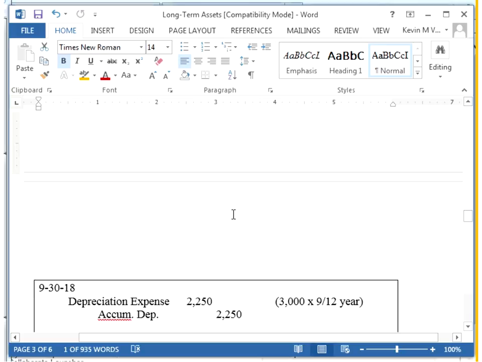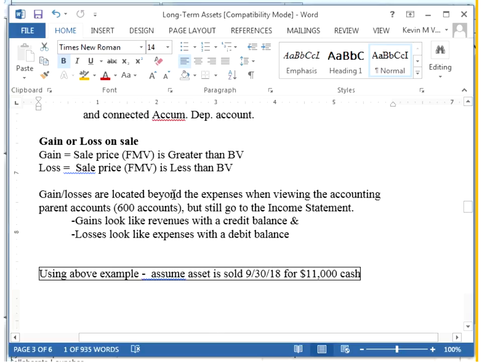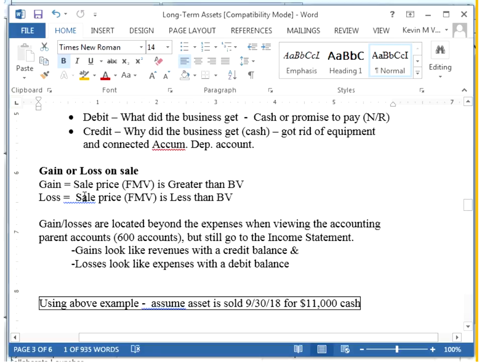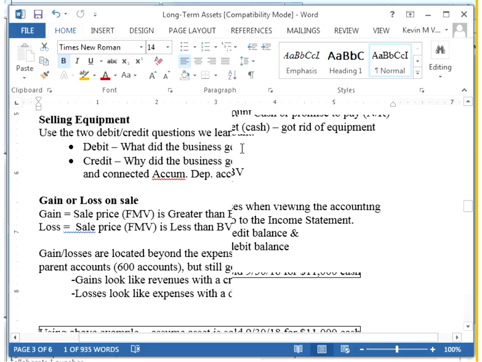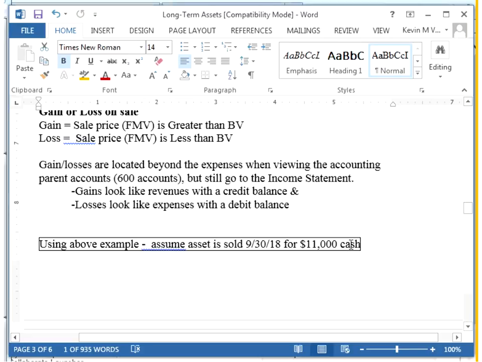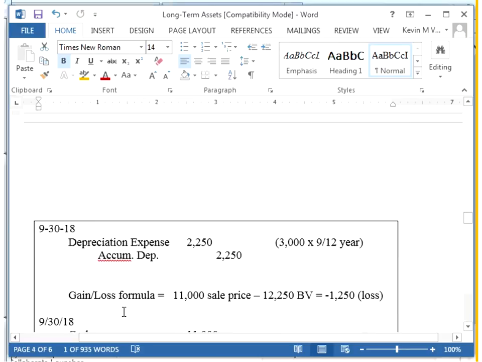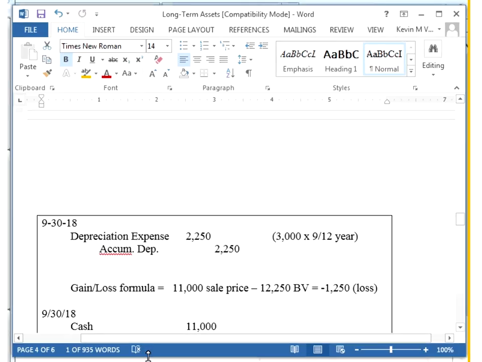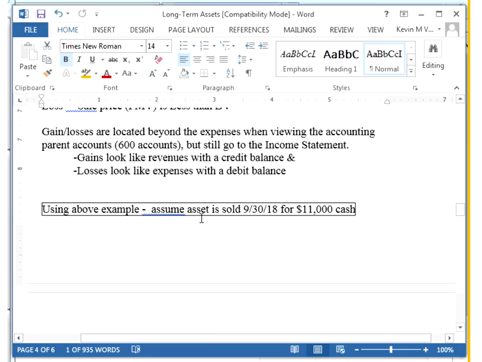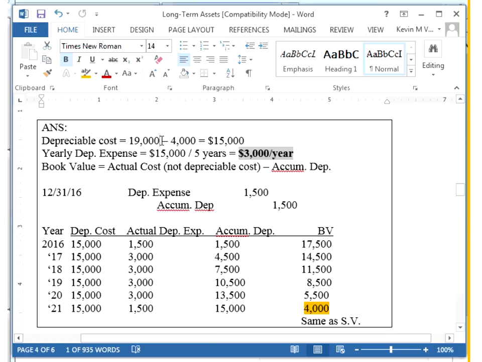Now at this point I'm ready to do my actual sale, and I ask the two questions that I just did up here. What did the business get? We got money. We got cash. So I'm going to debit my cash, and I'll show you this formula in just a second. I got cash for $11,000. Why did I get the cash?